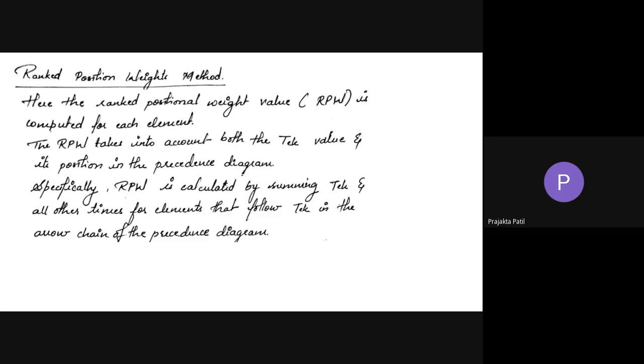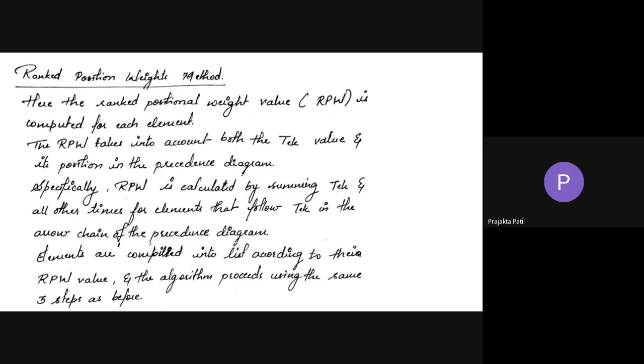Once you find that, the very next step always is to draw a precedence diagram. The precedence diagram is very important for all of these three methods. With the given data, you first draw the precedence diagram, and with the help of that diagram, you get the rank position weight values. How we do that, I'll show you in the next slide.